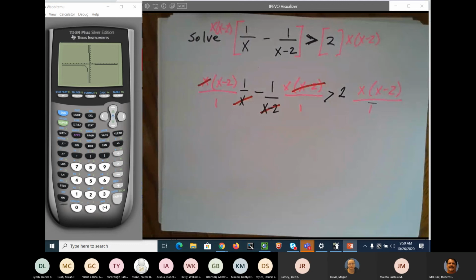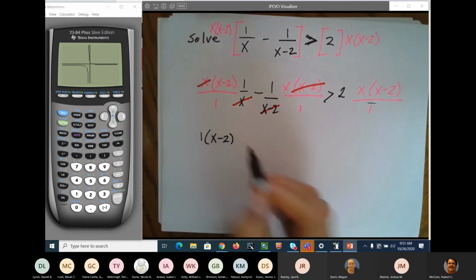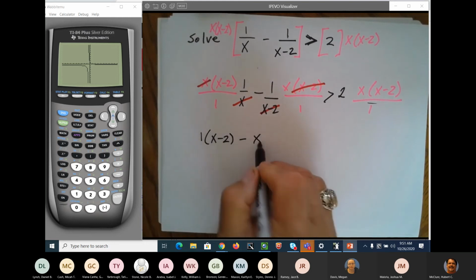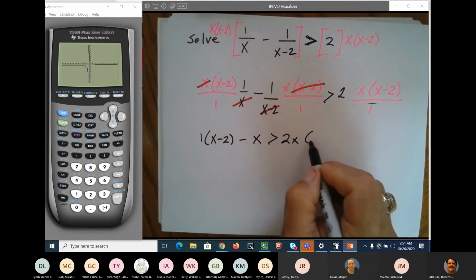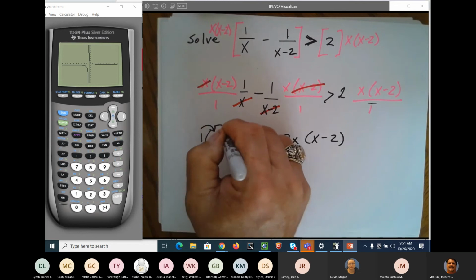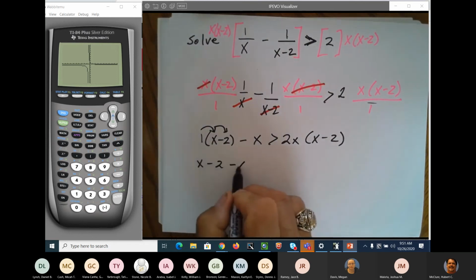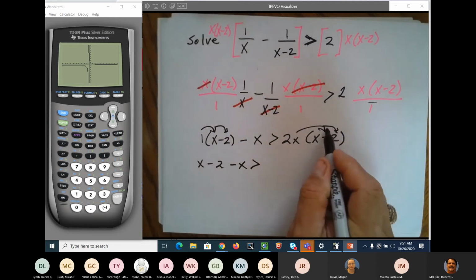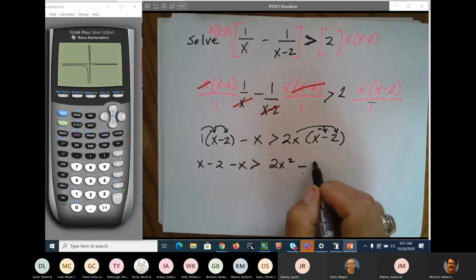So you're left with 1 times x minus 2 minus x greater than 2x times x minus 2. Distribute the 1, x minus 2 minus x greater than 2x squared minus 4x.